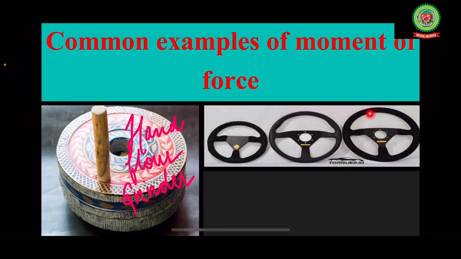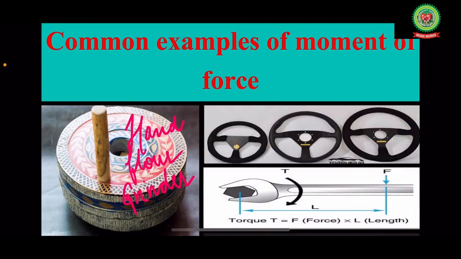So least force will be required to turn this steering wheel. And next is the example of a hand spanner. In case of a hand spanner, its handle is always made long so as to increase the perpendicular distance of line of action of force from axis of rotation. By doing this, we have to apply less force to turn this hand spanner and to open this nut with the help of this.